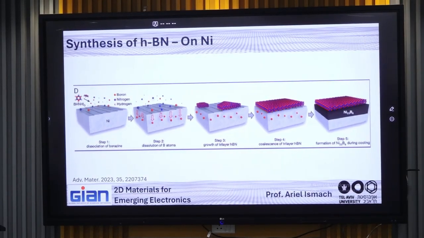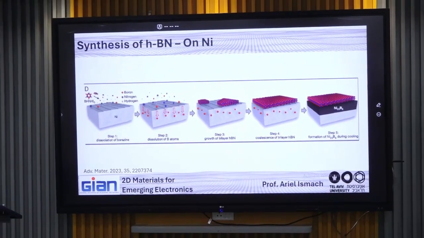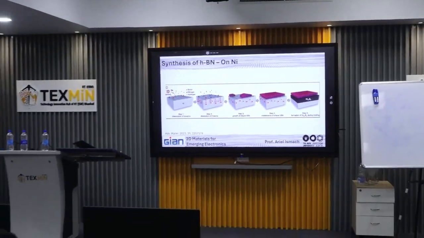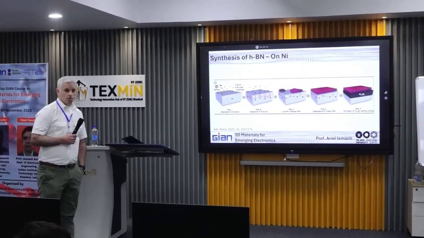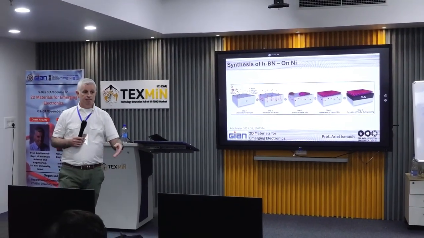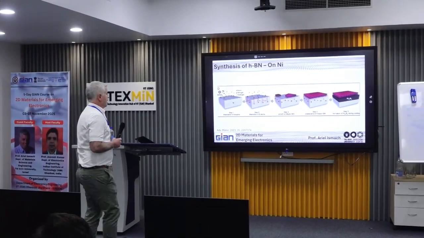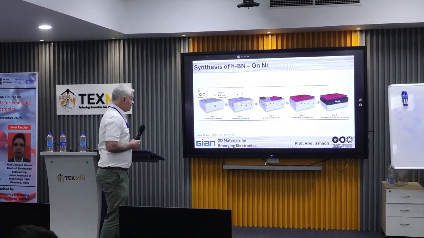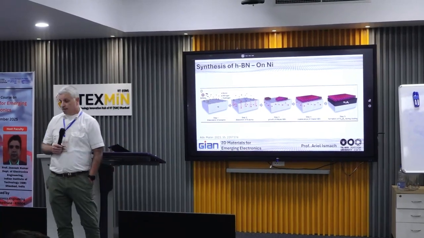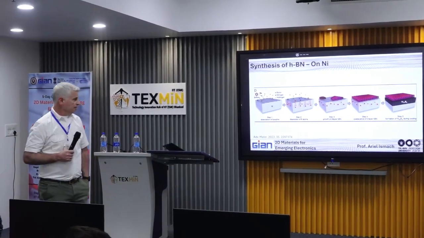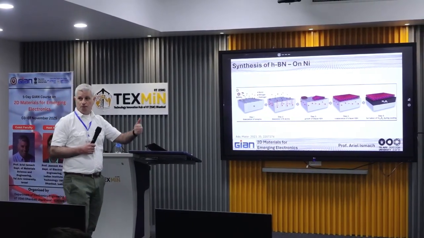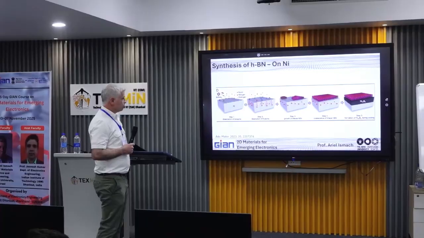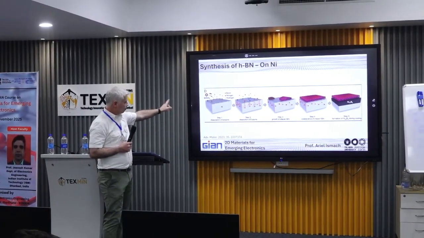But in the case of HBN, when you use nickel at some specific conditions, what we know happens is that some of the boron diffuses into the nickel. And the nitrogen does not tend to diffuse into the nickel, so it is reflected out and evaporates, and therefore we lose a bit from the 1-to-1 ratio.